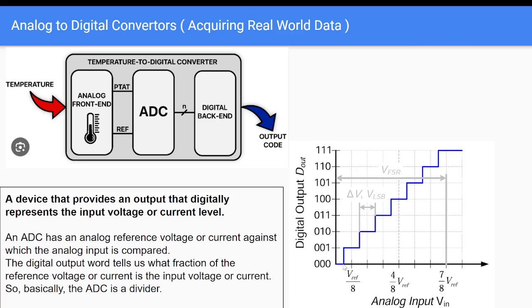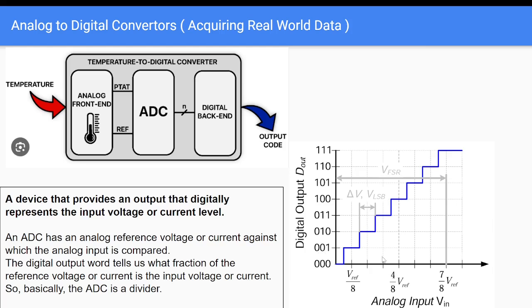So if the input voltage remains from 0 volt to whatever is less than Vref divided by 8 volts, the output will be the 000 code. It will only change when the input voltage goes beyond this point, between this point and Vref divided by 8. So in this window, when the voltage changes, the output will be 001.